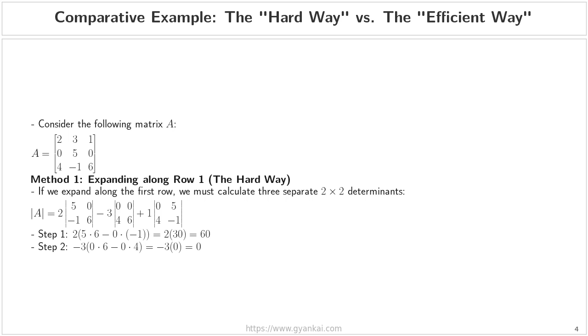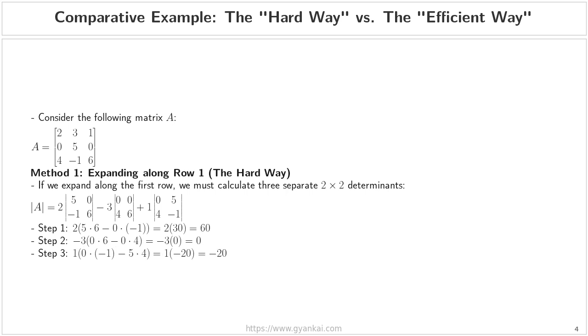We take -3 and multiply it by the determinant of the minor containing 0, 0, 4, and 6. This calculation is -3 times the quantity of 0 times 6 minus 0 times 4, which is simply -3 times 0, giving us 0. Finally, for the third term, we take 1 and multiply it by the determinant of the minor containing 0, 5, 4, and -1.